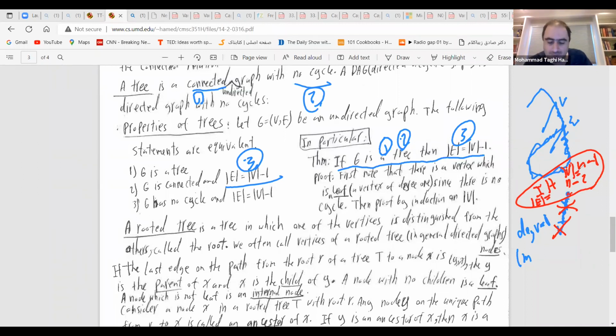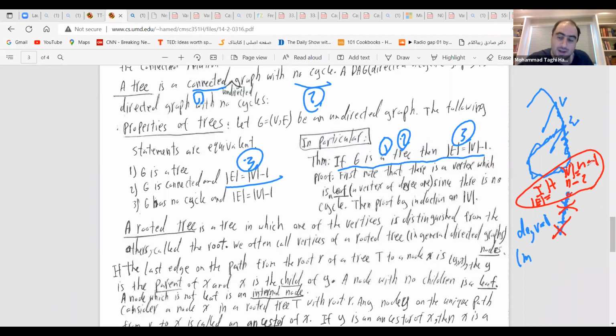We cannot go from n-1 to n, because we don't know what edge we should add. So first we show that there is a vertex of degree 1. We delete that vertex and the edge attached to it. Then this graph has one less vertex, and it still is a tree, because we didn't introduce any new cycle, and the graph should be connected, because the whole graph was connected. This guy is connected only to this guy, so everything else should be connected to this guy as well.